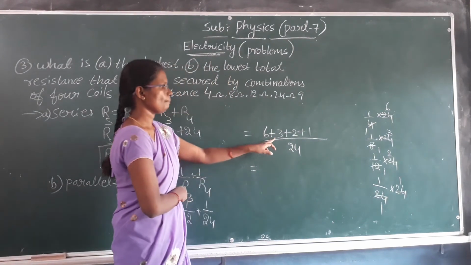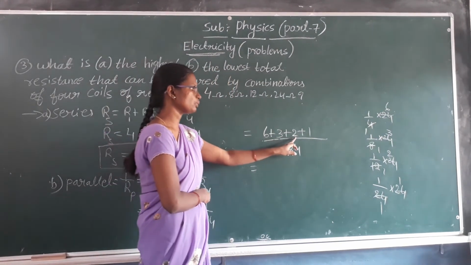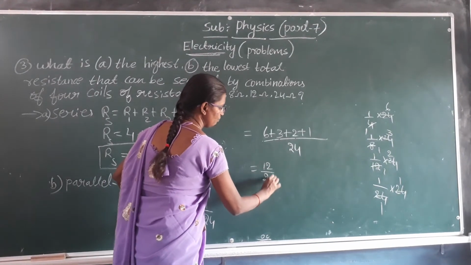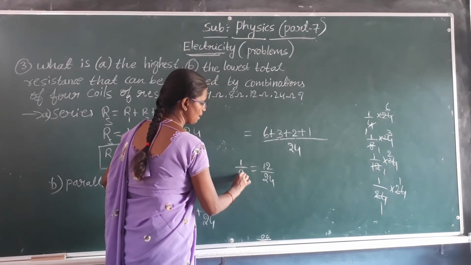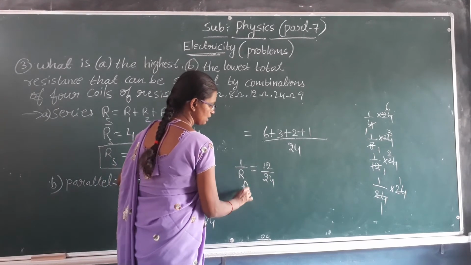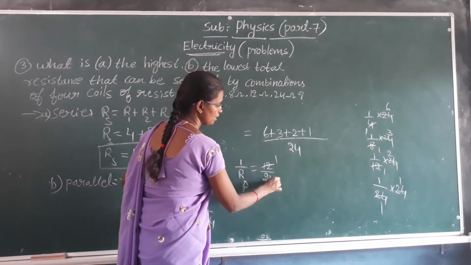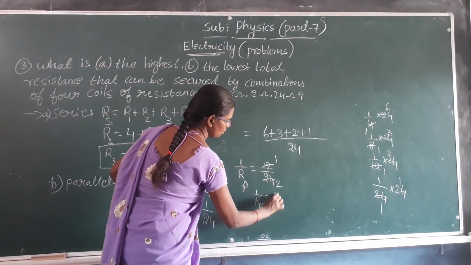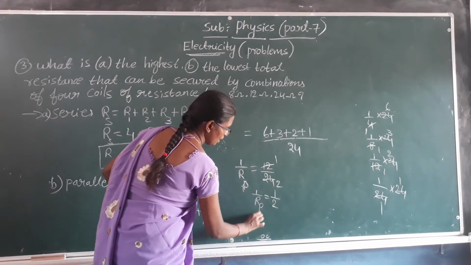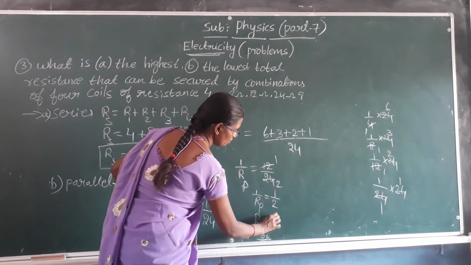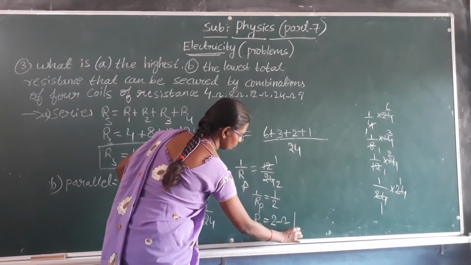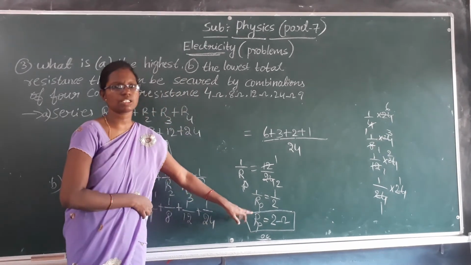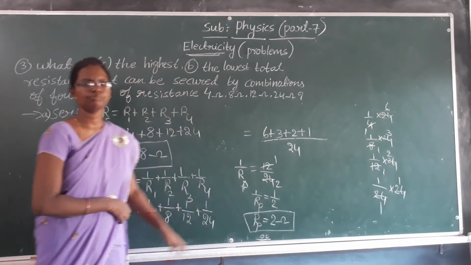So 6 plus 3 is 9, 9 plus 2 is 11, 11 plus 1 is 12, divided by 24. This is the value of 1 by Rp. Cancel this: 12 ones are 12, 12 twos are 24. So 1 by Rp is equal to 1 by 2. Then the Rp value is equal to 2 ohm. So this is the lowest value when the resistances are connected in parallel.